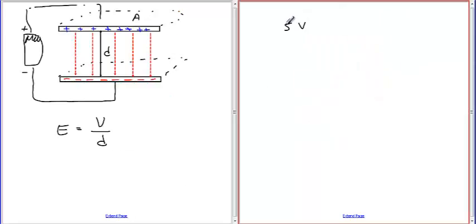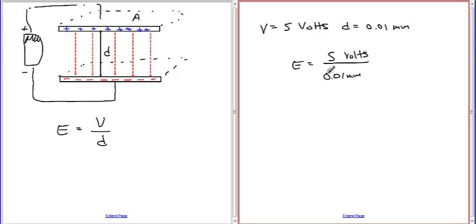If it's 5 volts and the distance is equal to 0.001 millimeters, then the electric field is just going to be equal to 5 volts divided by 0.001 millimeters, and then to get to the number of meters, you'd multiply by 1,000th, and so that's equal to 5.